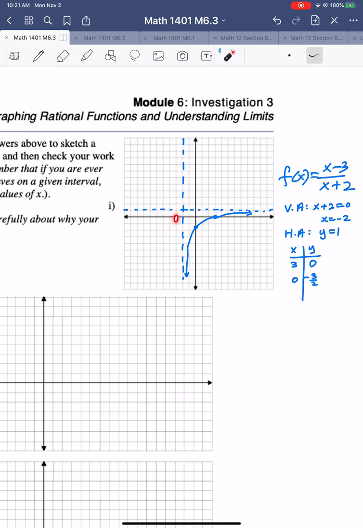So I want to use negative 3. If you plug in negative 3, I got 6. So negative 3 gives 6, about here. So your graph will look like this. That's the graph of the f function.